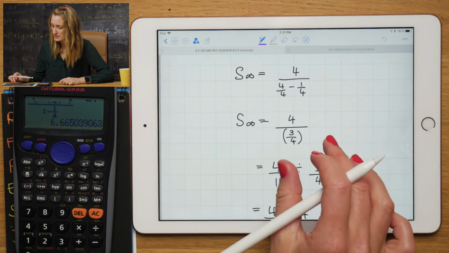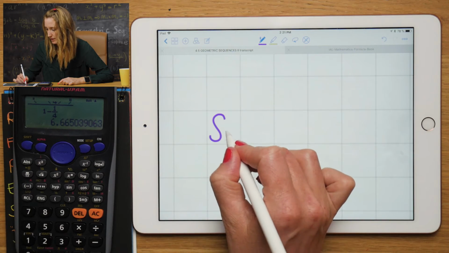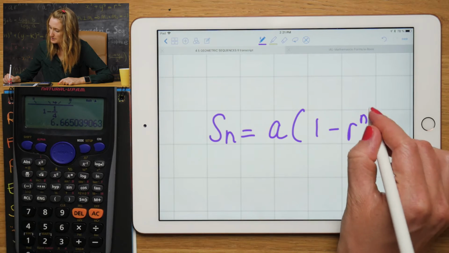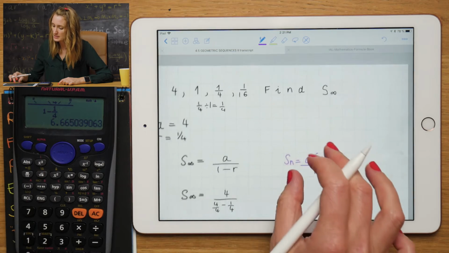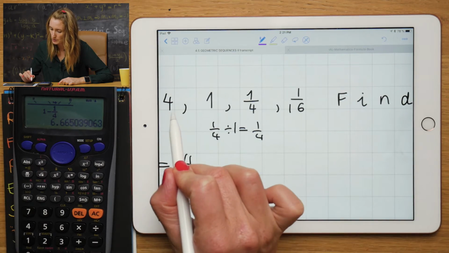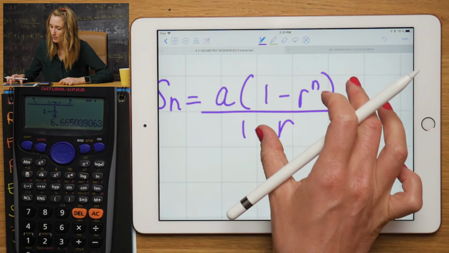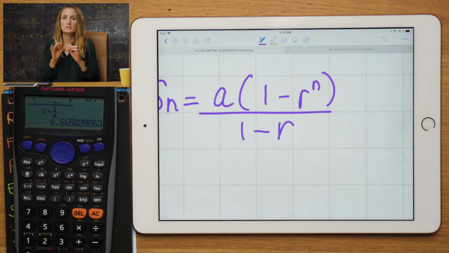If you're interested to see how this formula works, we can take a second to look at that. The formula for Sn is a times 1 minus r to the power of n, over 1 minus r. Now, if your sequence is decreasing, like ours, from 4 to 1 to a quarter to a 16th, there will be a point where your r to the power of n will be so tiny that it's practically 0.